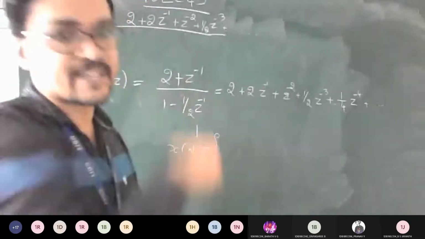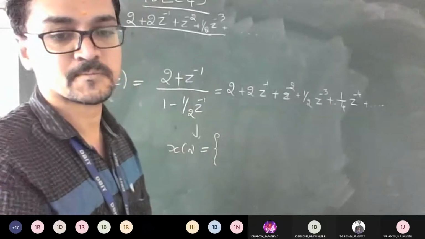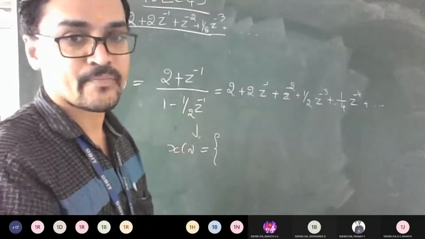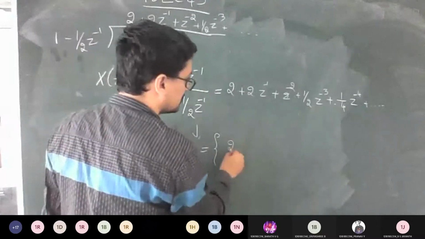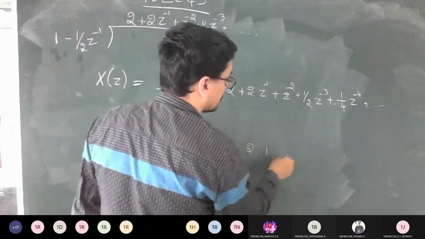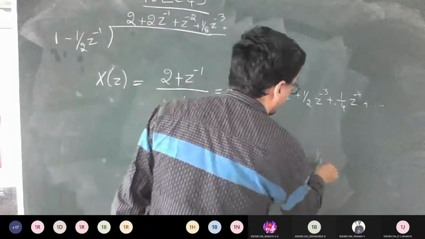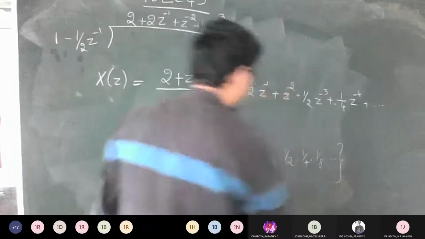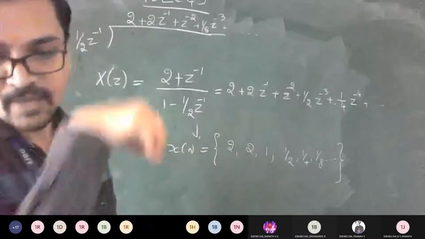Can I get the sequence of x of n, guys? What sequence can you expect? Can I write from this 2, 2, 1, 1 by 2, 1 by 4, 1 by 8, and so on as my x of n sequence? Can I?